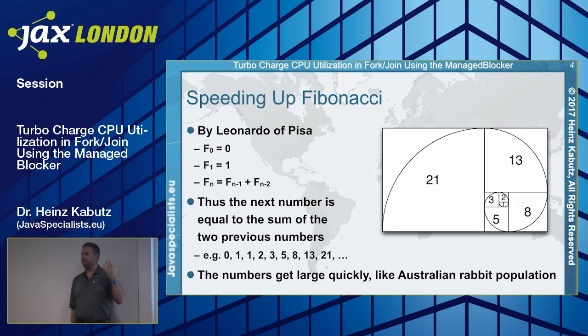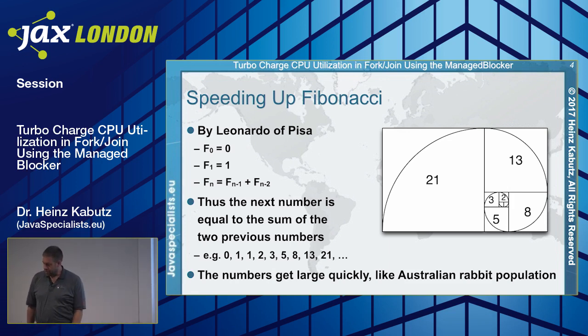So basically at every point, the next number is almost twice as big as the previous number. You can see the effect in that picture where we're going round and round and getting bigger and bigger. So 0 plus 1 is 1, 1 plus 1 is 2, 1 plus 2 is 3, 2 plus 3 is 5, 5 plus 3 is 8, and it keeps on going bigger and bigger.